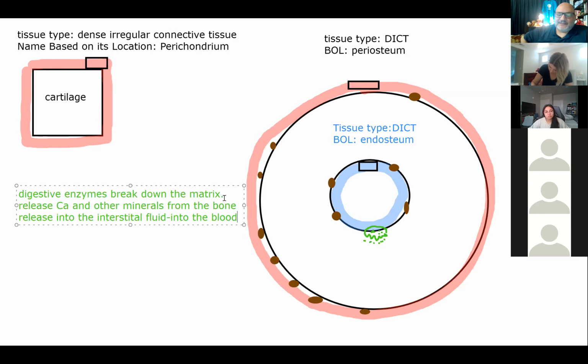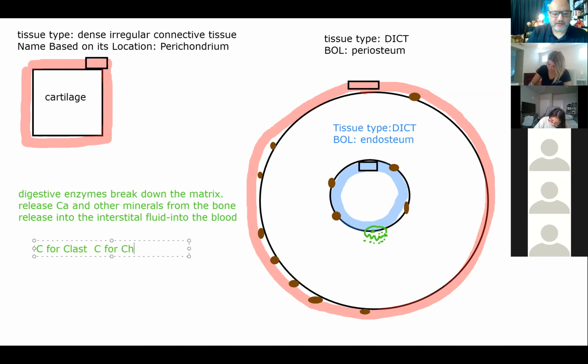We break that down with the osteoclast, and osteoclast, C for clast. And I think C for chew, because that's what they do. They chew up the matrix and they release that calcium into the blood. So it helps to regulate our calcium levels, and we have a fancy name for that. We call it resorption.